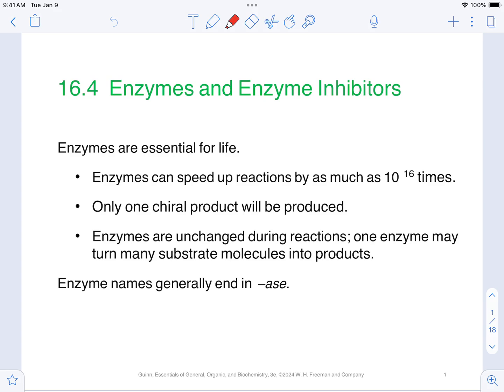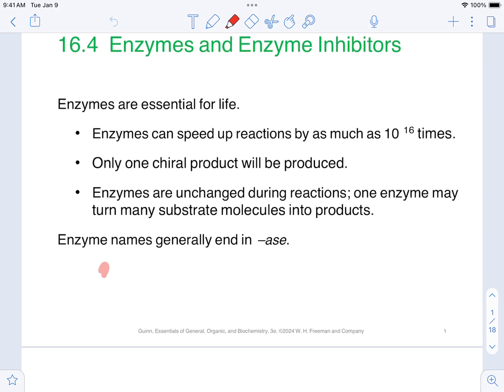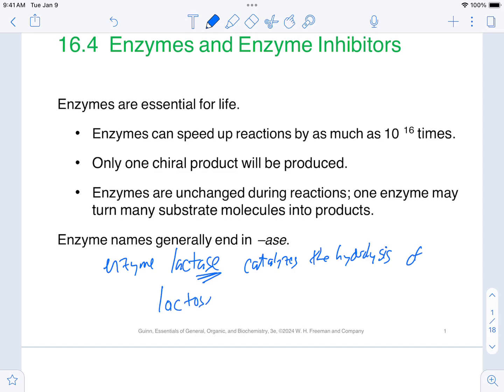Your enzyme names generally end in ASE. So for example, the enzyme lactase, ending in ASE, catalyzes the hydrolysis of lactose into glucose and galactose.